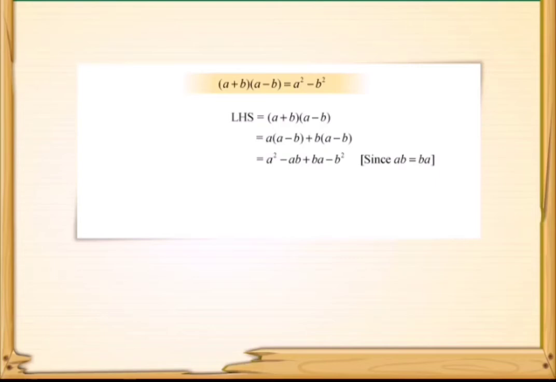Since ab is equal to ba, you can cancel the two terms in the middle to get a square minus b square, which is equal to the right-hand side of the equality. Therefore, the equality (a plus b) multiplied by (a minus b) is an identity.